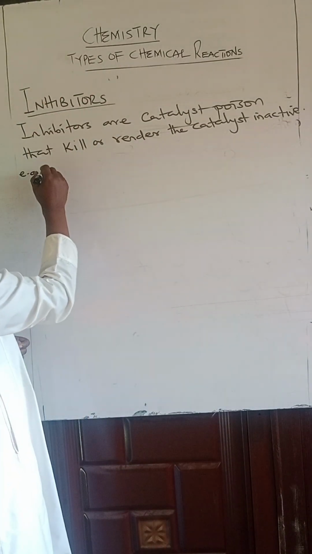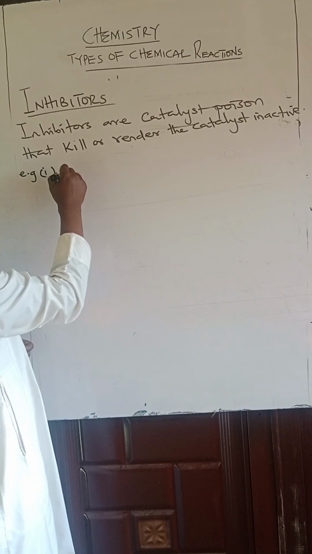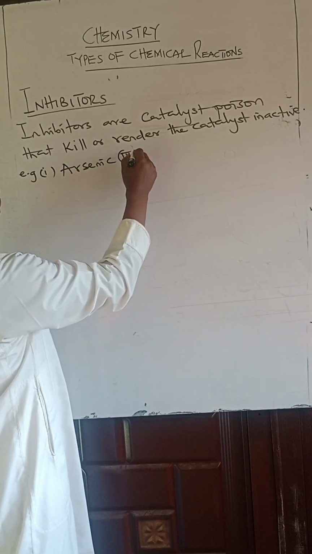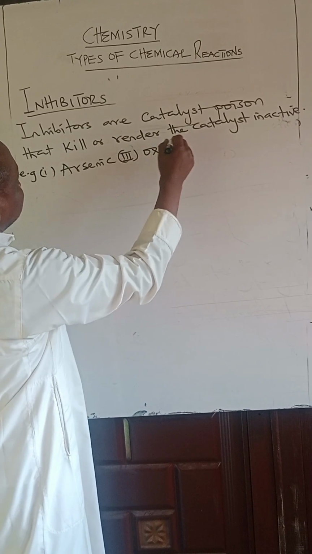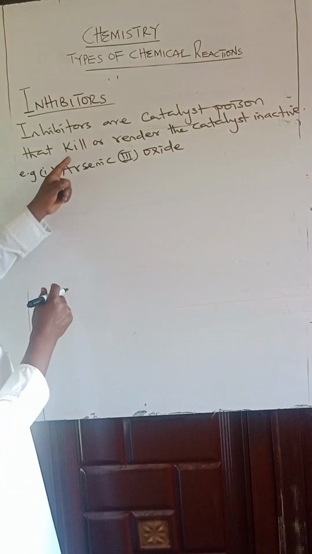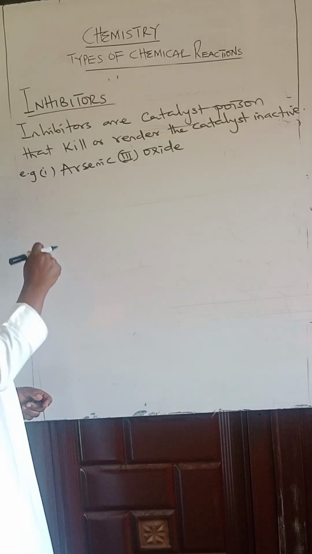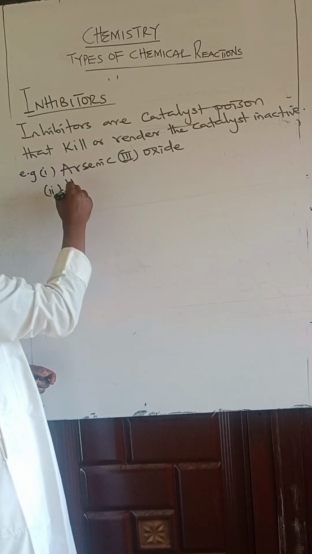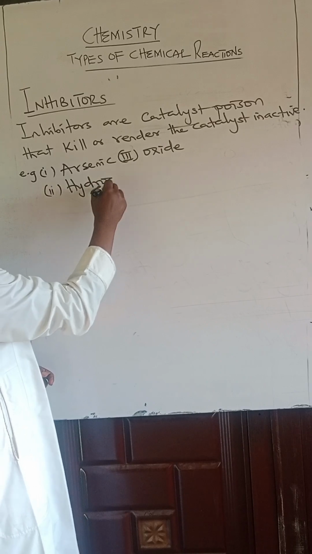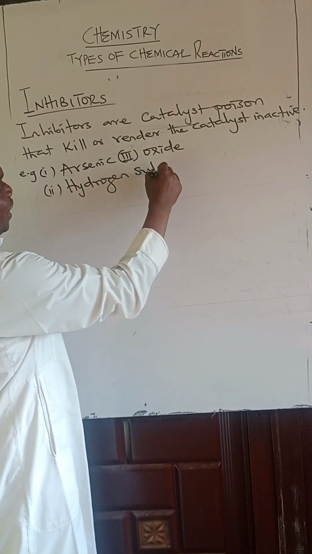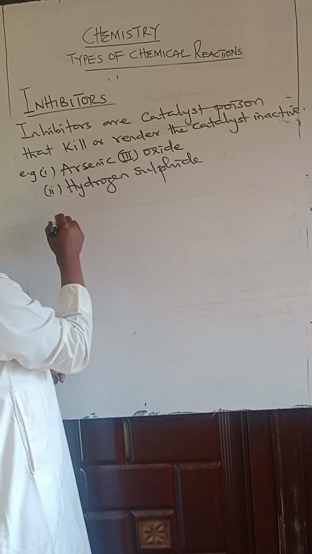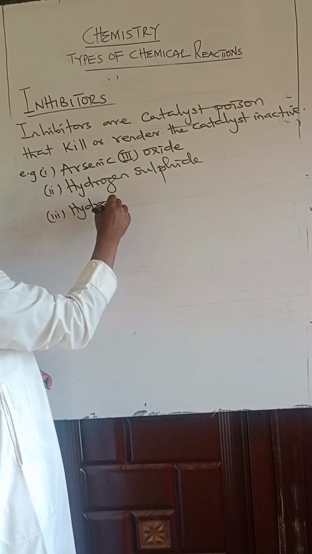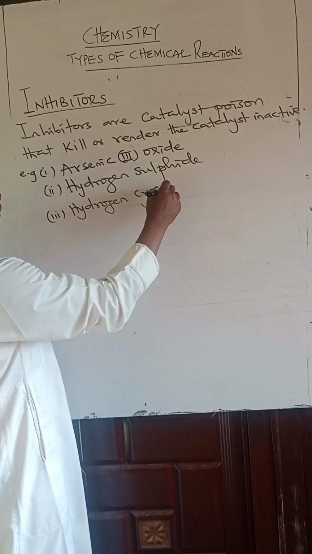For example, arsenic(III) oxide is an inhibitor. We talk of hydrogen sulfide. Hydrogen cyanide is there.